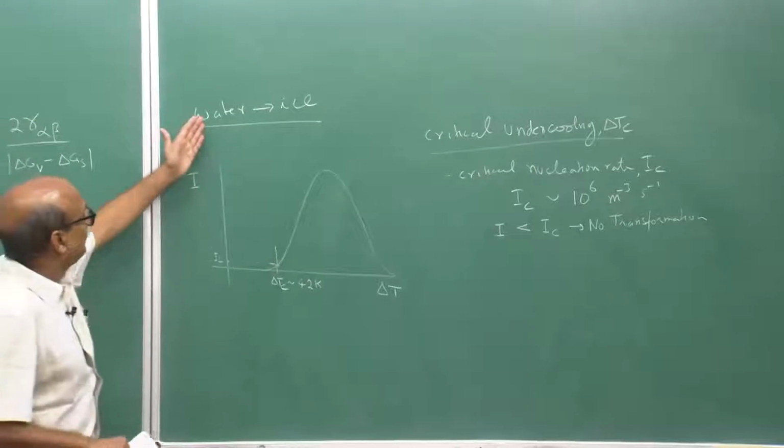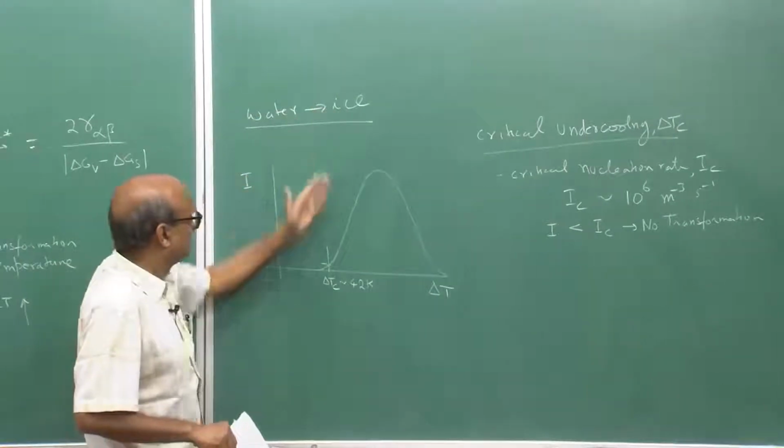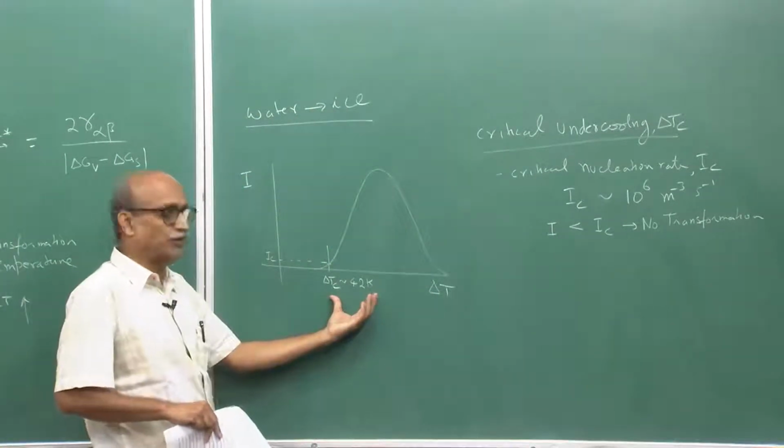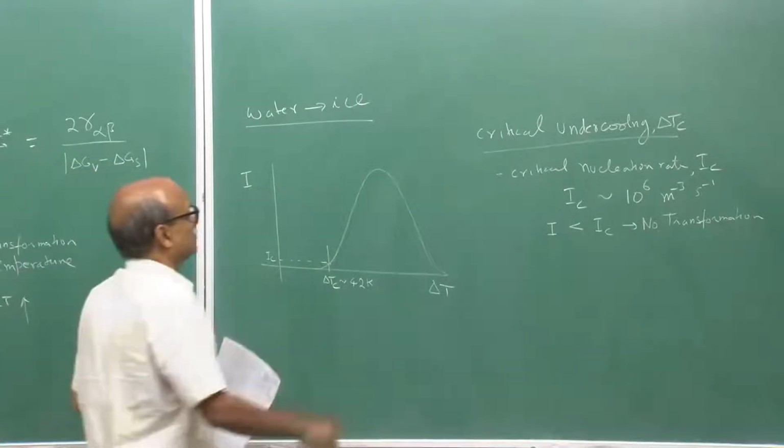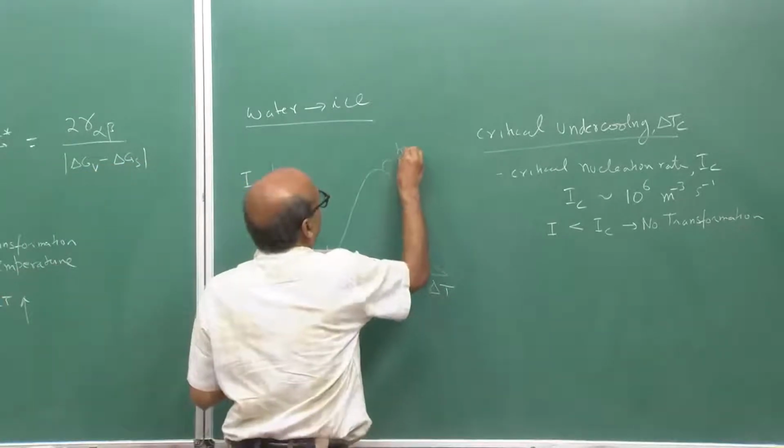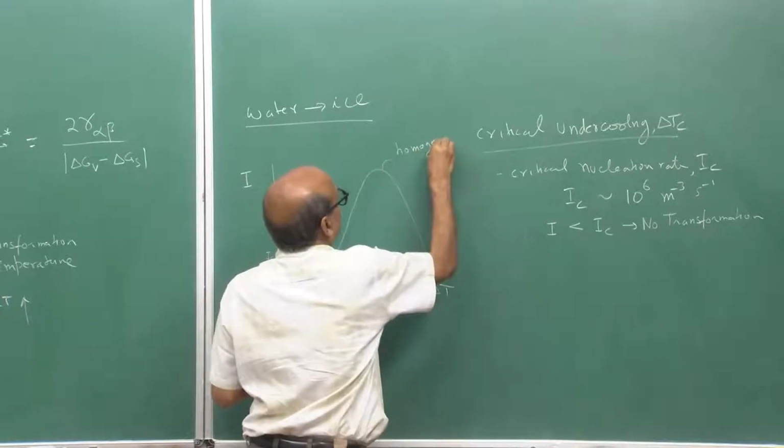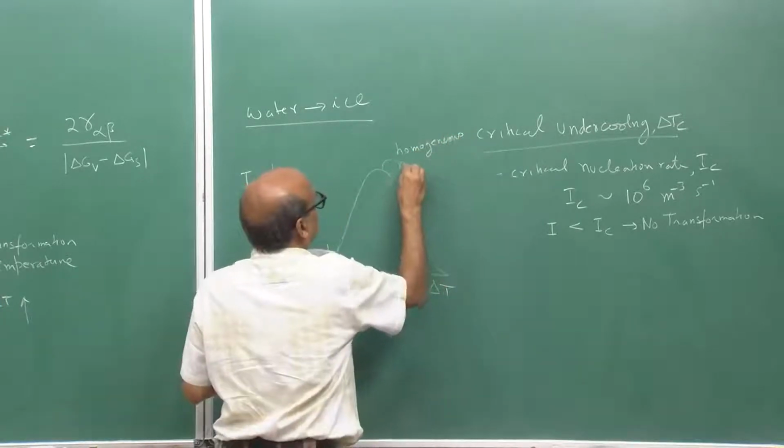So, for water to transform to ice, you require an undercooling of 42 K, and this calculation was done for the case of homogeneous nucleation.